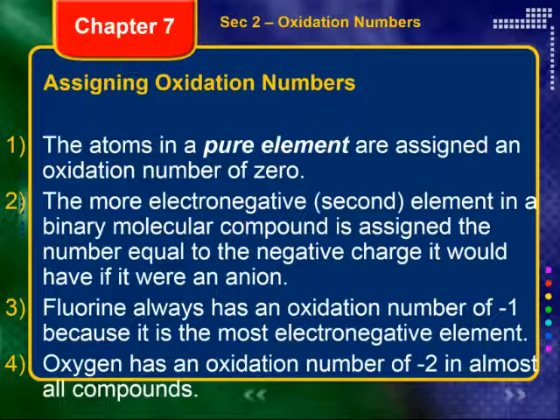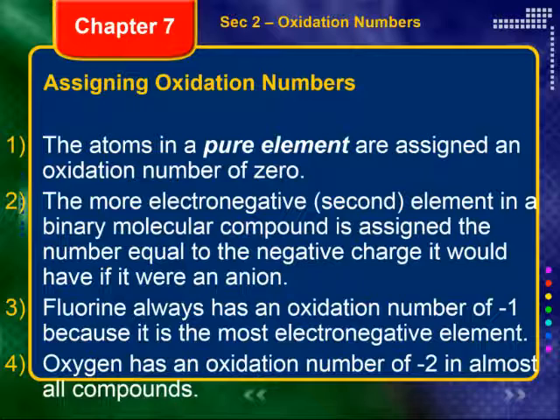So the electrons lean closer to fluorine. It can only make one bond because it's main group 7 and can only accept one more valence electron. That one electron is going to lean closer to fluorine, giving an oxidation state of -1.